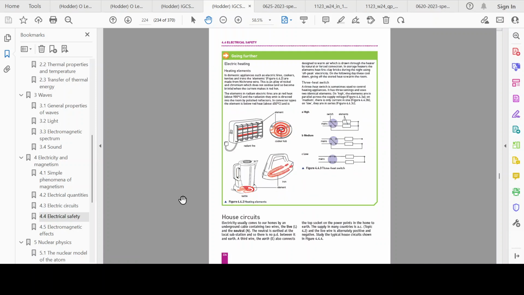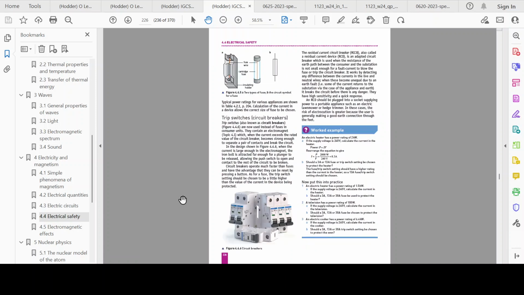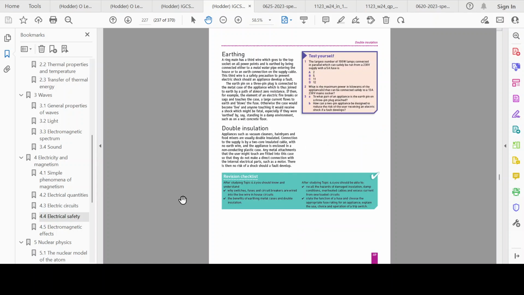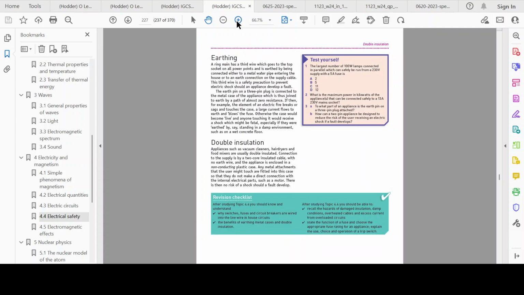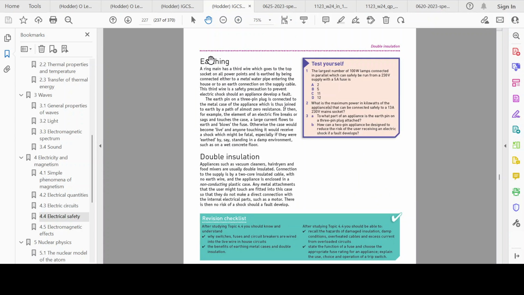There you go. The earth pin on a 3-pin plug is connected to the metal case of the appliance, which is thus joined to earth by a path of almost zero resistance. If the element of an electric fire breaks or sags and touches the case, a large current flows to the earth and blows the fuse.